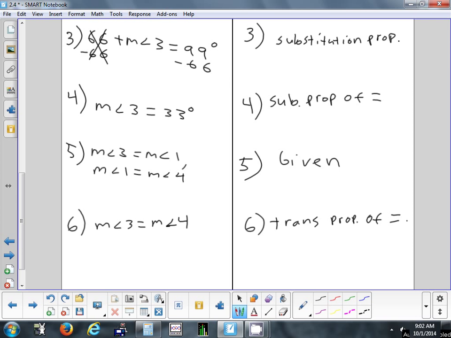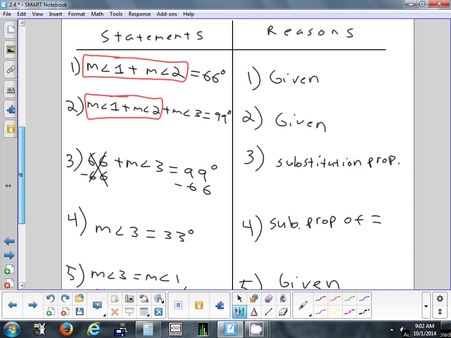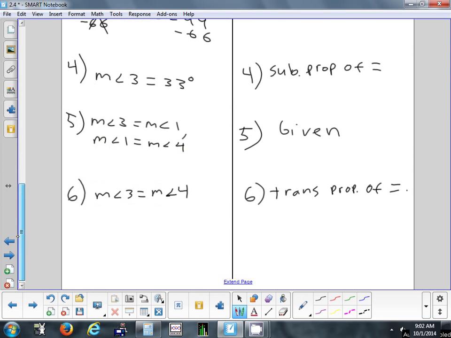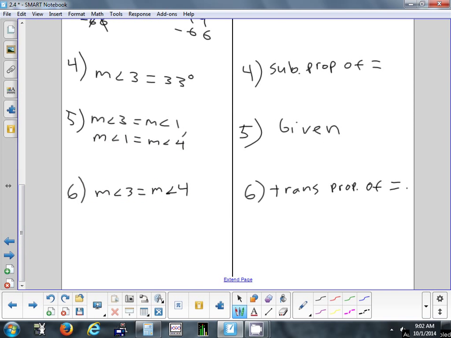Okay, now we know the measure of angle 3 equals the measure of angle 4. And the whole goal of this problem is to find the measure of angle 4. But we know the measure of angle 3. So I can take that and put it in for that. What property is that? Ariel? Multiplication is when you multiply the same number on both sides of an equation.